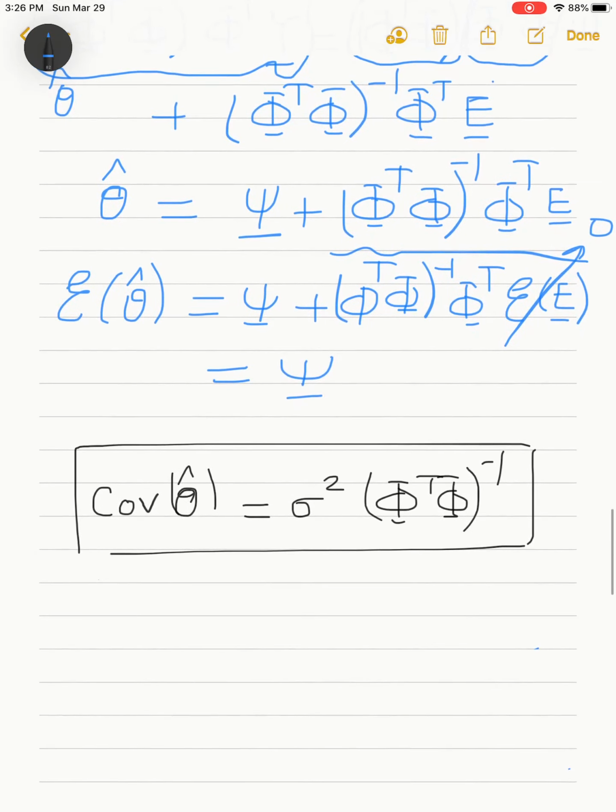Now, the second property that we would like to prove is the covariance of the estimate. How much is the fluctuation of the estimate around its mean value?